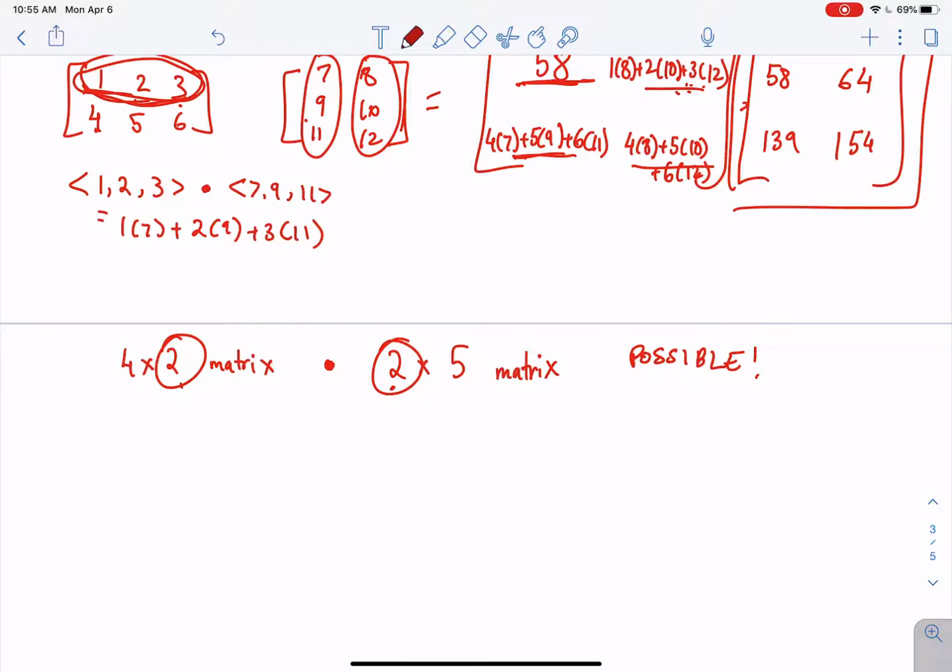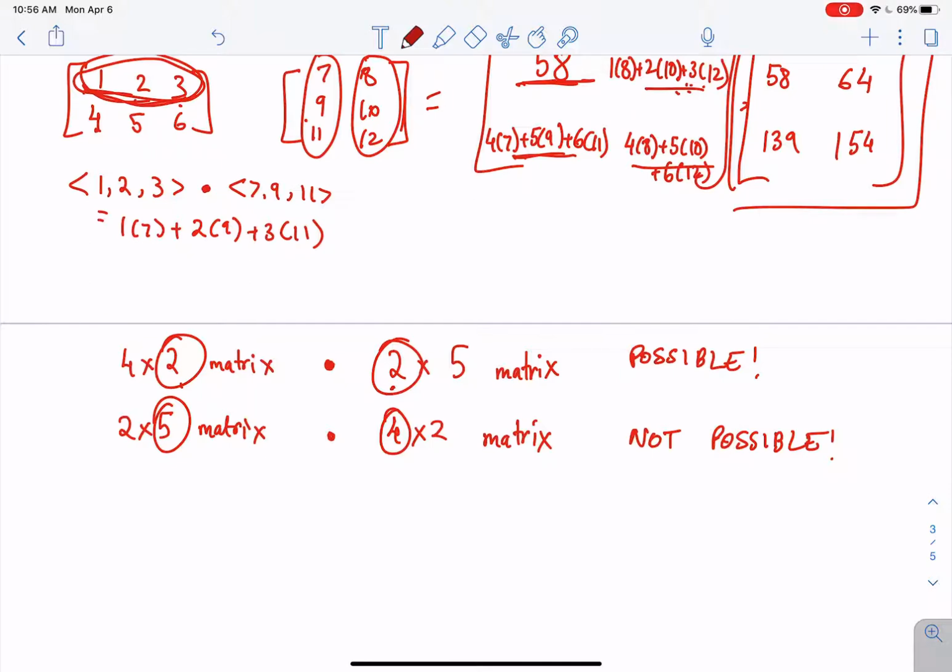Now, if I flip this around, I do the 2x5 matrix multiplied to the 4x2 matrix. This does not work because now I have 5 and 4. Those are not the same number. So multiplication with matrices is not commutative.